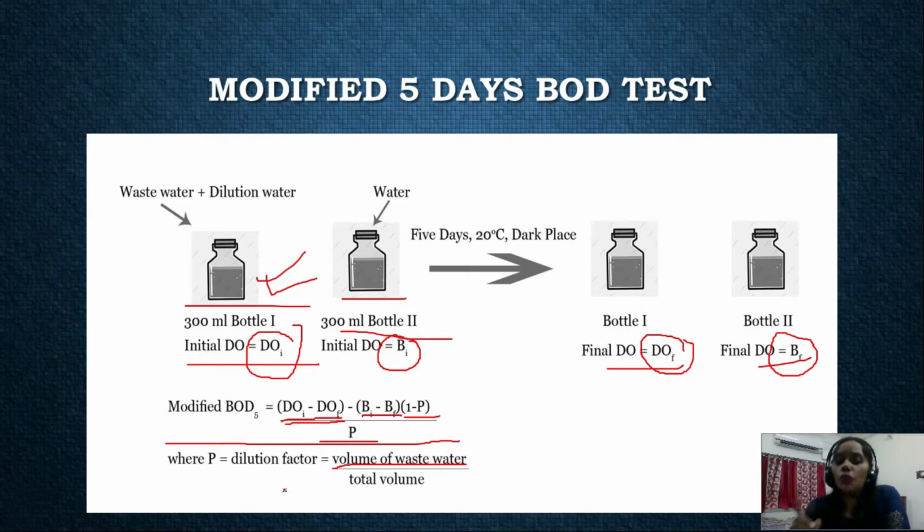Understand? One more thing, for BOD problems, there are two equations we have. From one we have got BOD5 equals DOI minus DOF divided by P.